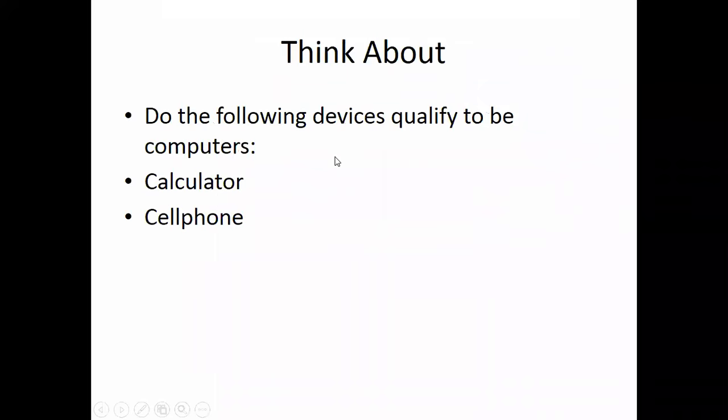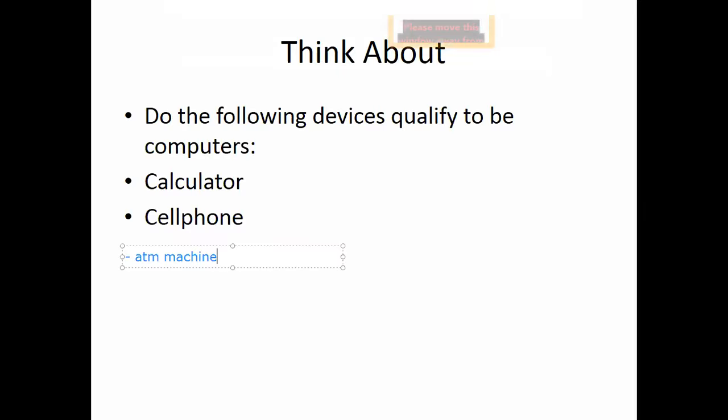Now, given that definition of a computer, it would be nice if you could pause for a minute and think whether the following devices qualify to be computers. In addition to this, let me add another one. Think about whether an ATM machine qualifies to be a computer.